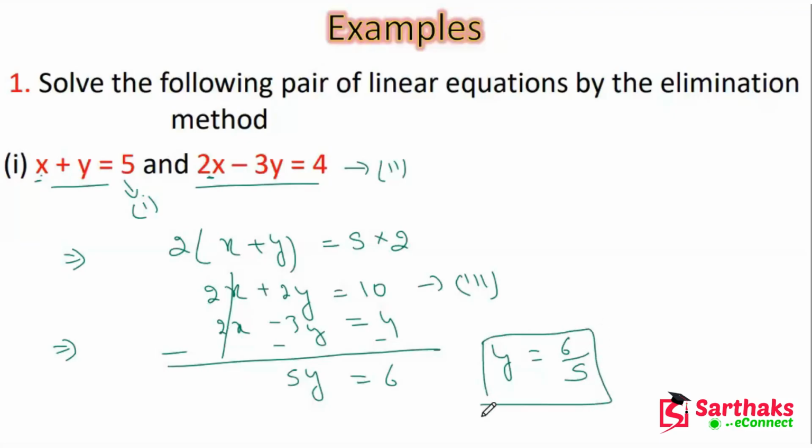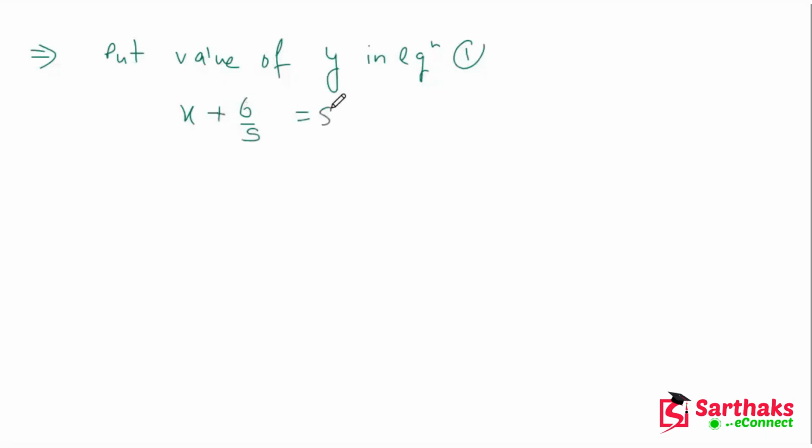Put the value of y in any of the equations. We are putting the value of y in equation 1. And we get x plus 6 upon 5 equals 5.